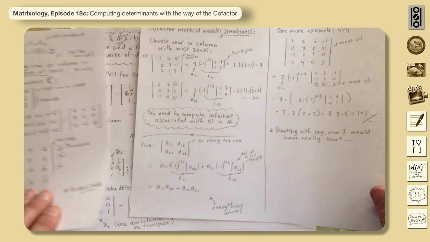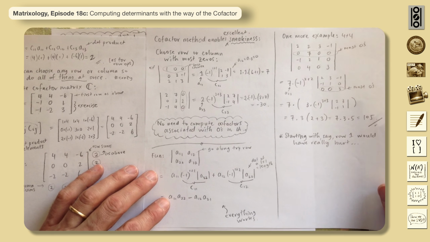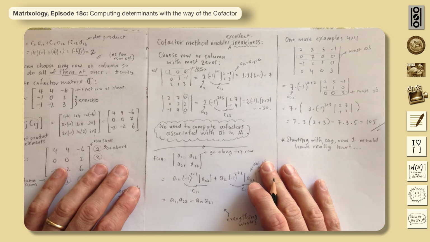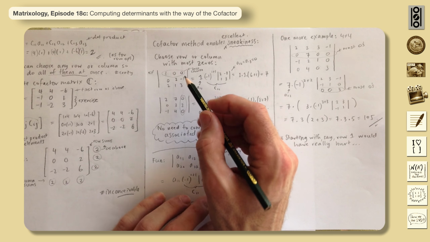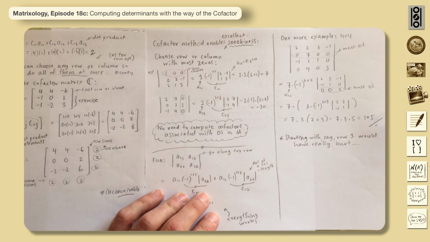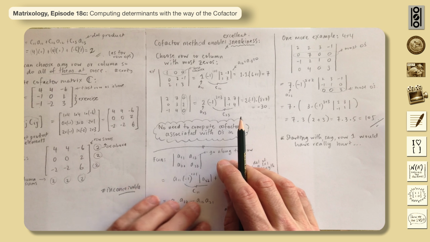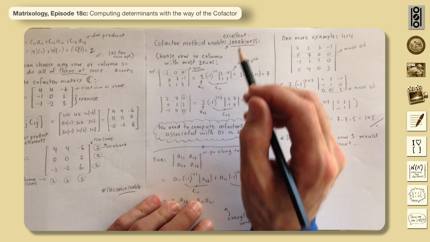All right, so this cofactor method enables us to do very sneaky things, and we can save ourselves a lot of labor by choosing a row or column of A that has a lot of zeros in it. It's really just about the zeros. Excellent sneakiness.